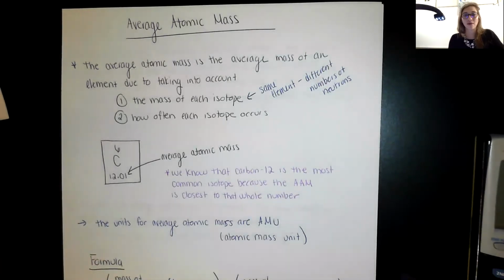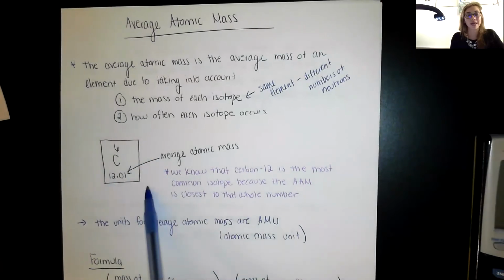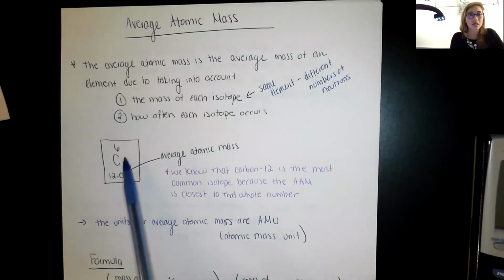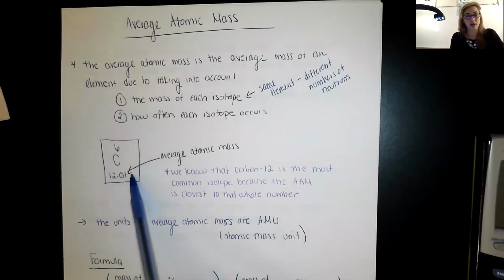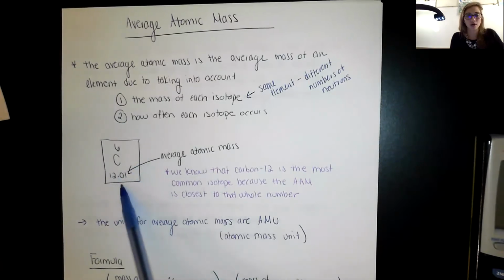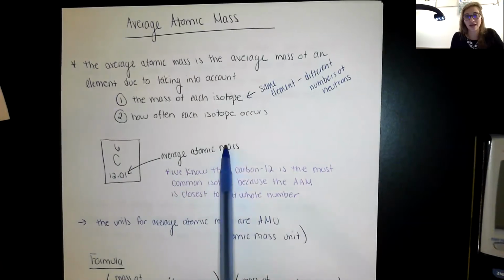An example of that would be carbon. If we look on the periodic table, the box for carbon will look like 6, C, 12.01. This bottom number is the average atomic mass.